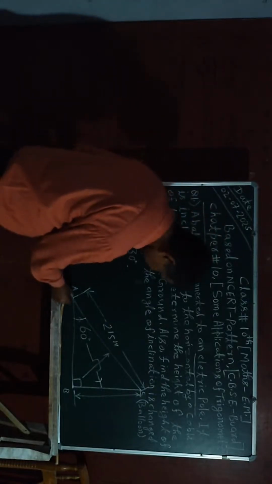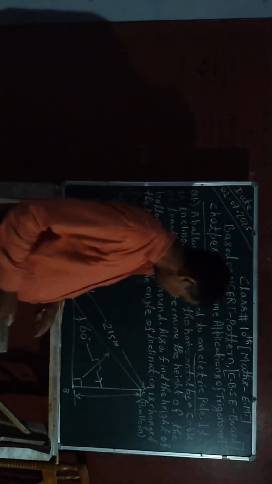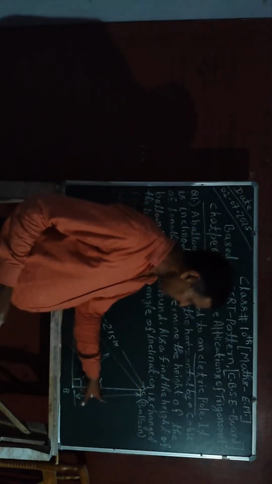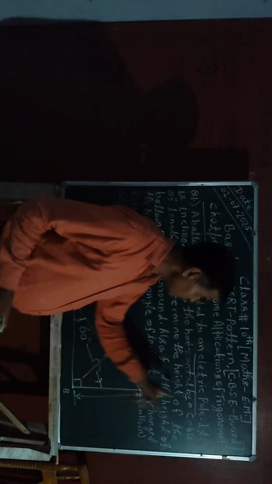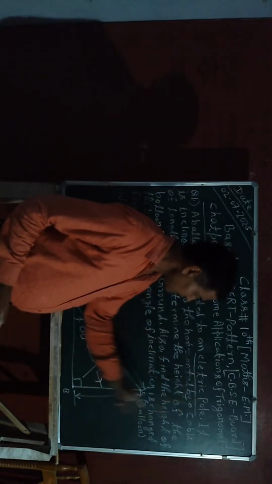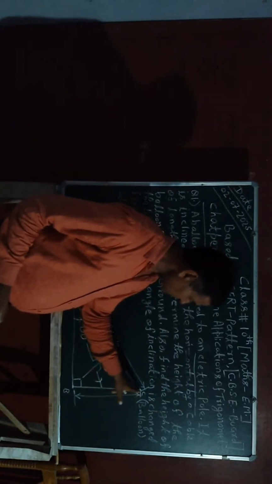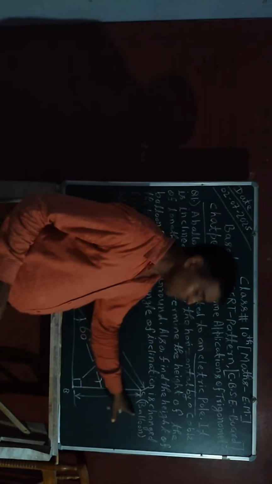This vertex is A and this vertex will be B and this vertex will be C. Therefore we have to get the length BC, and that length BC is the electrical pole height. So we have to find the length BC.